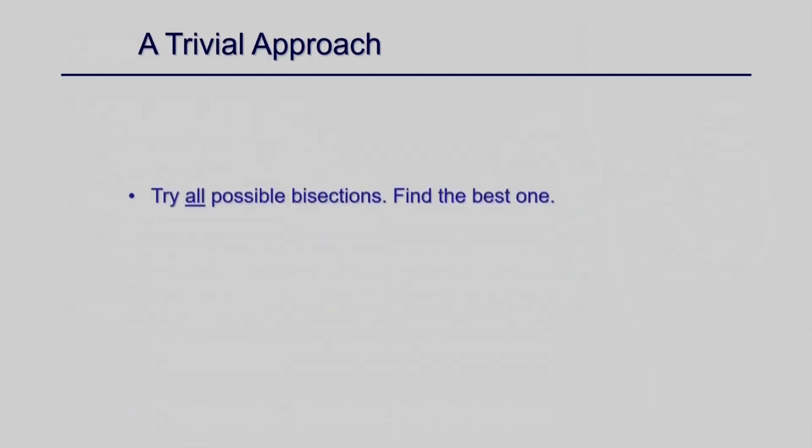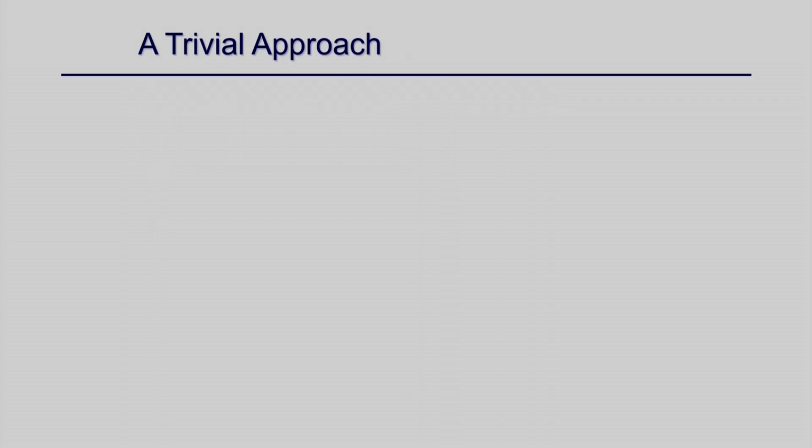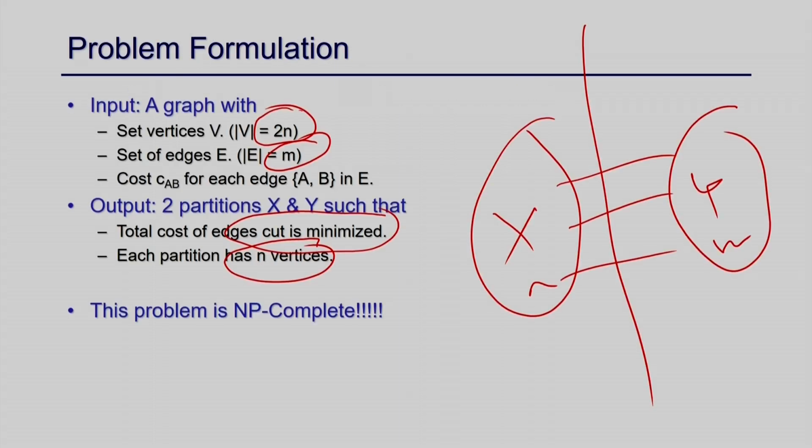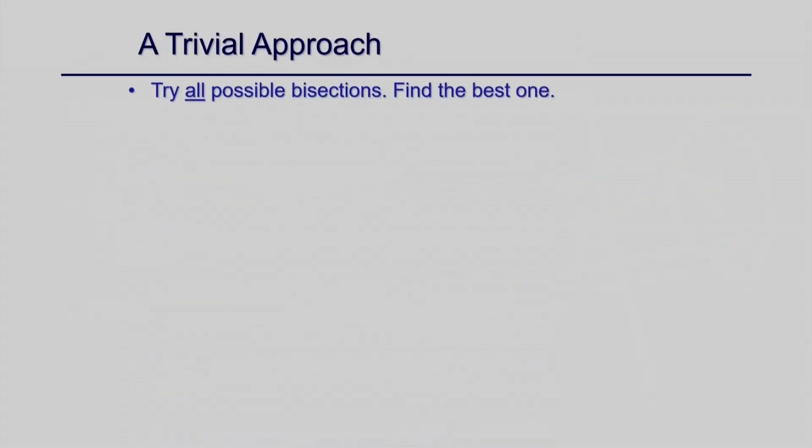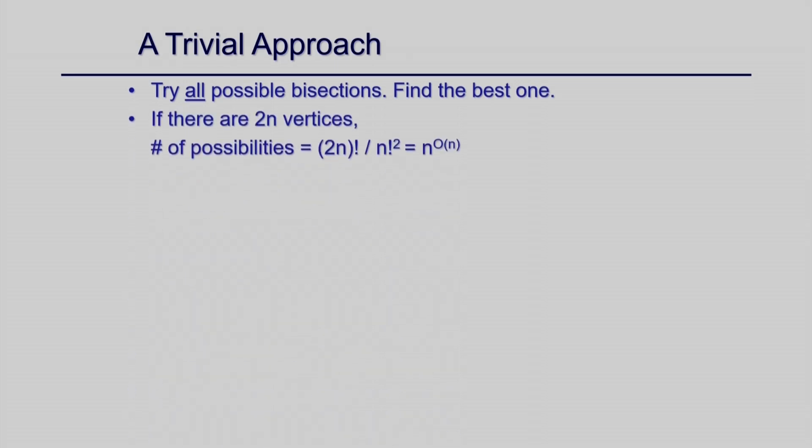If you think about how it should work, you might try all possible partitionings. A trivial approach would be to make all possible bisections of your circuit and then find the best one. Now, there are 2n vertices, so the number of possible bisections is huge.